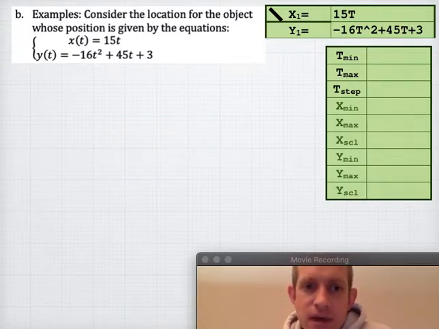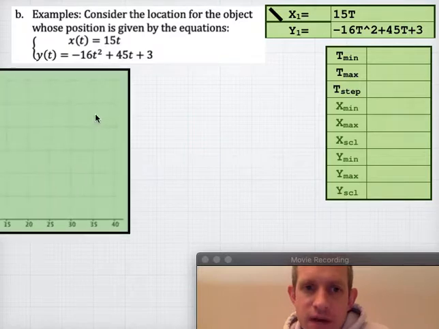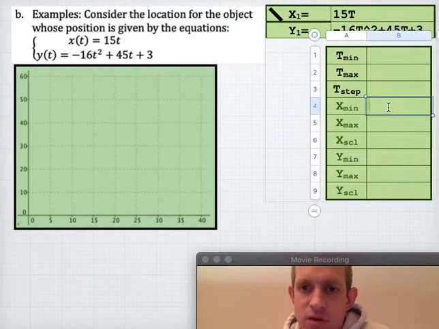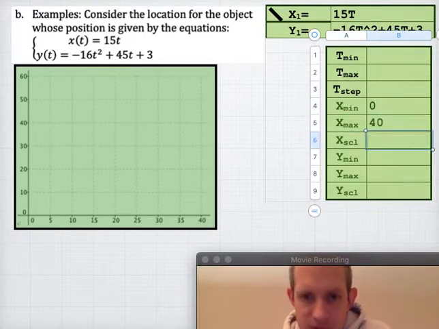And I want to produce a graph on a particular window that looks like this. And so to make that happen, let's type in x scale settings and y scale settings. So you press the window button and you can type in numbers. For the x-axis, we'll go from 0 to 40 by 5s.